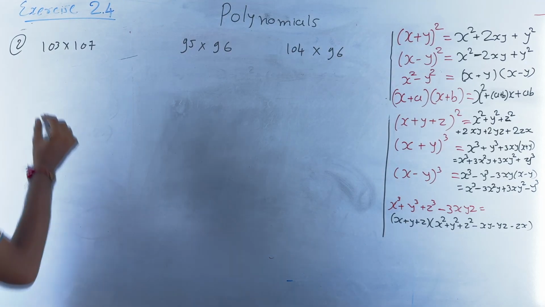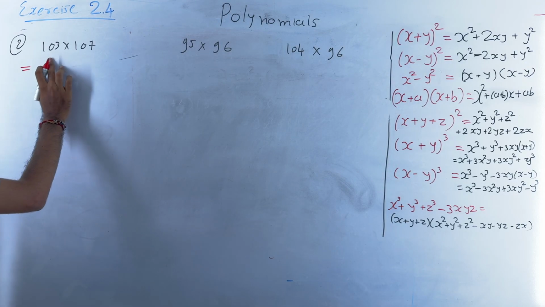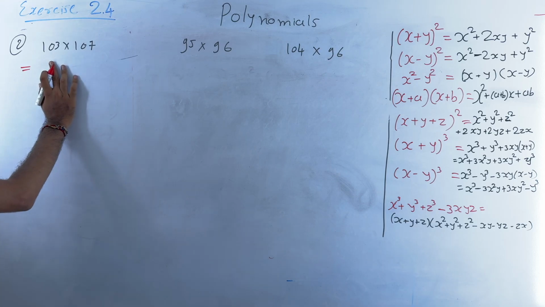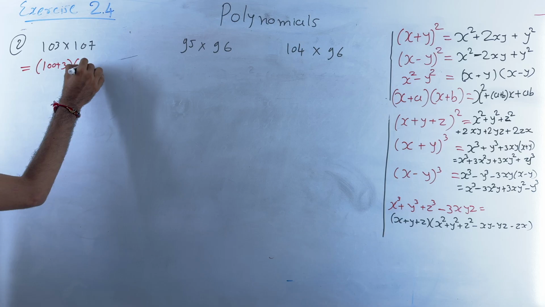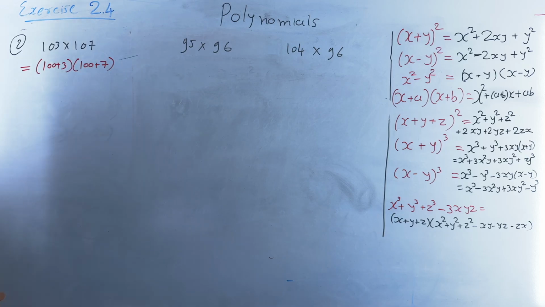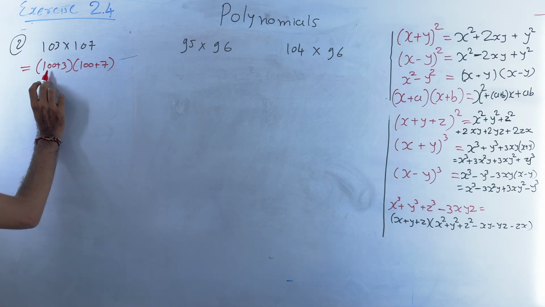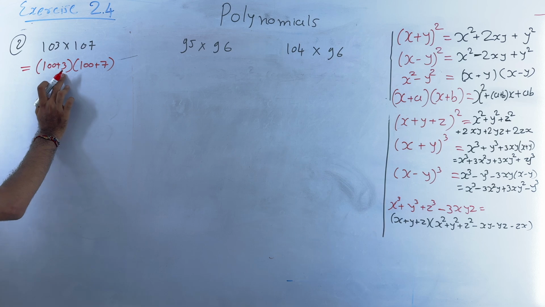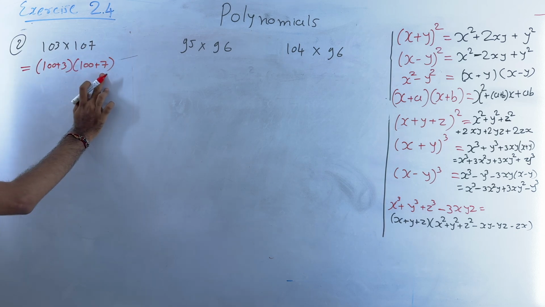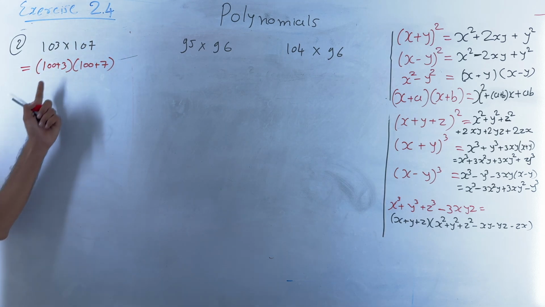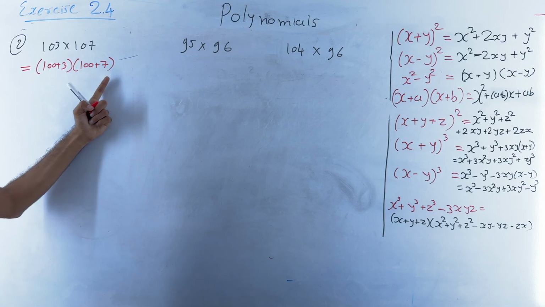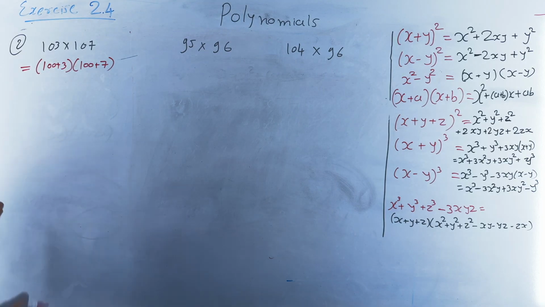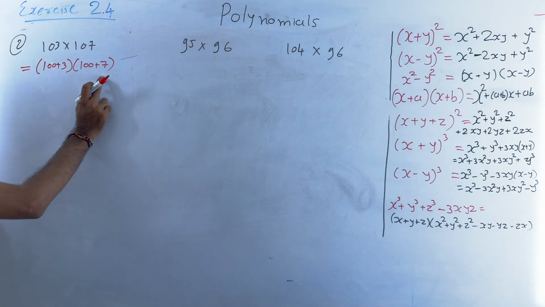Now how can we solve it? To convert it into the identity form, let me write 100 plus 3 multiply 100 plus 7, right? I can write 103 is equal to 100 plus 3 and 107 is equal to 100 plus 7, right? So now you can see this is a type of x plus a multiply x plus b, right? You can analyze it very easily by just watching x plus a multiply x plus b.